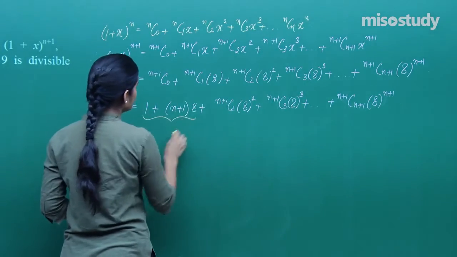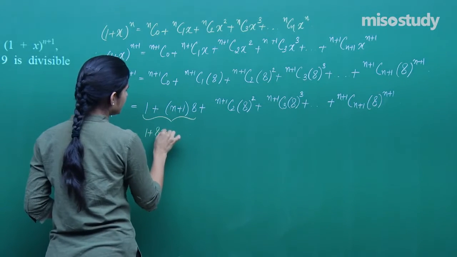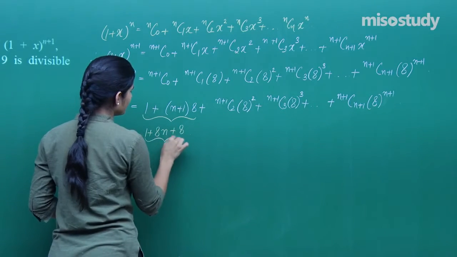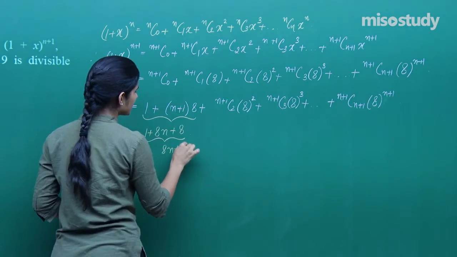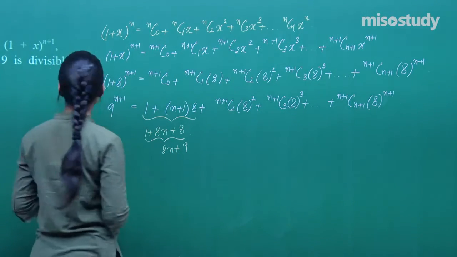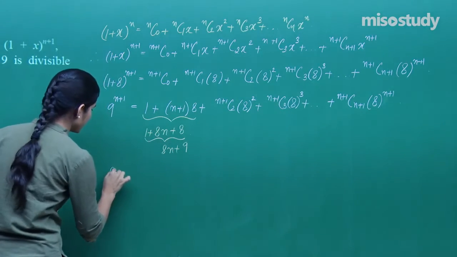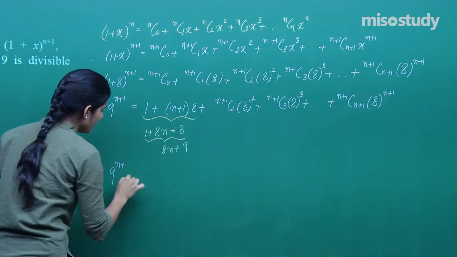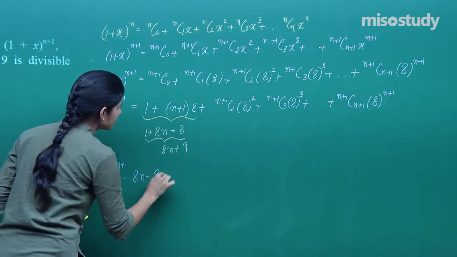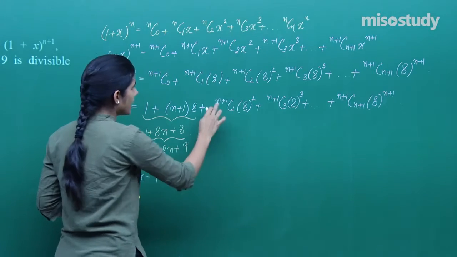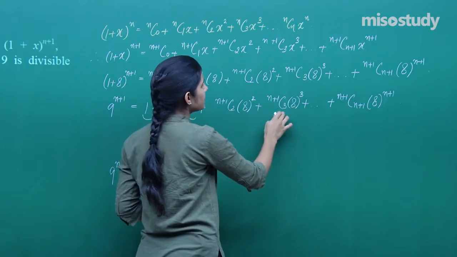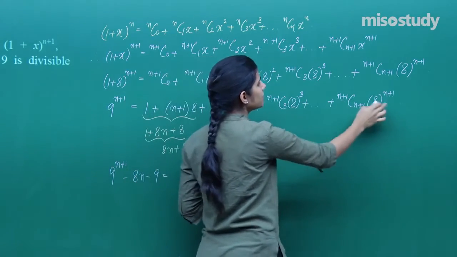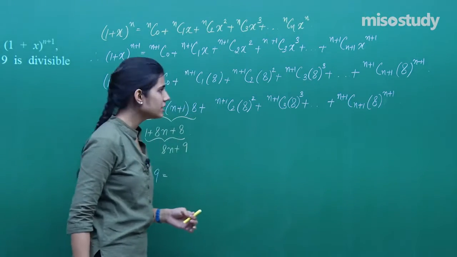What is this? Try to deduce this. This is 1 plus 8n plus 8, which is equal to 8n plus 9. So this is equal to, I can write, 9 to the power n plus 1 minus 8n minus 9 is equal to n plus 1 c2 8 square plus n plus 1 c3 8 cube plus and so on, n plus 1 c n plus 1, 8 to the power n plus 1.